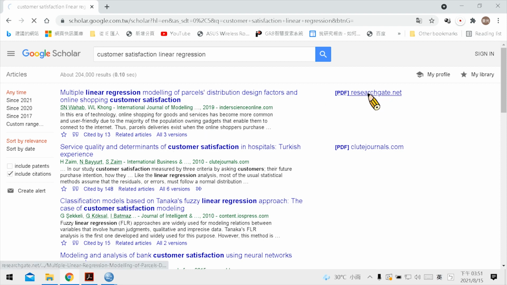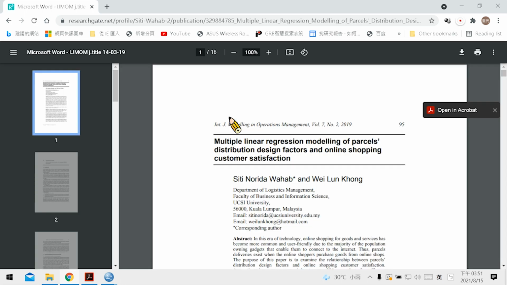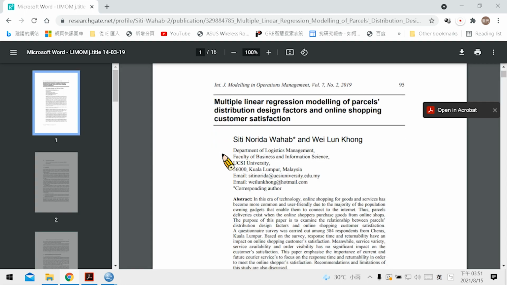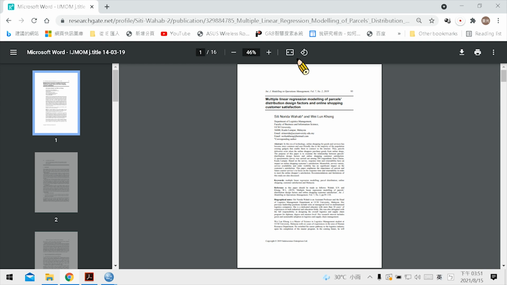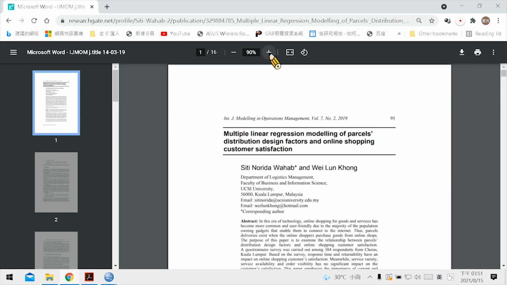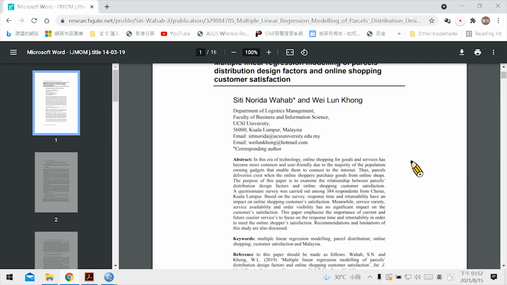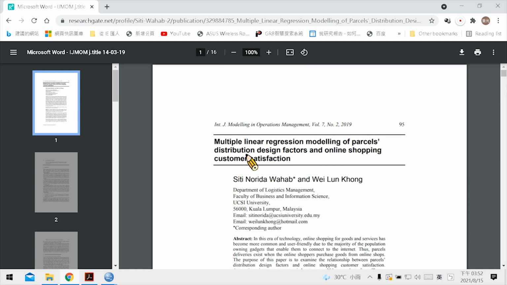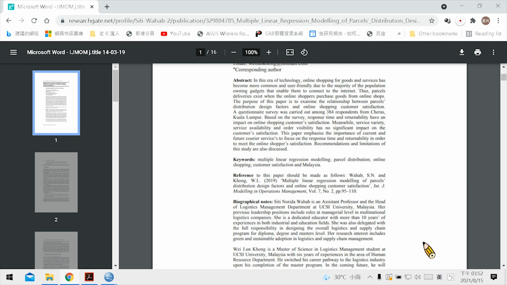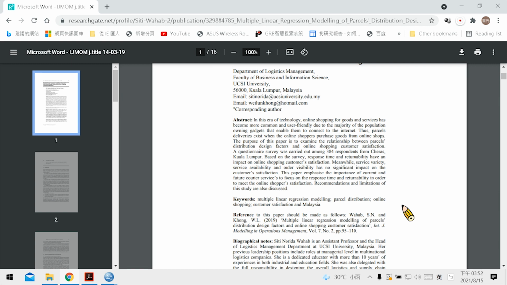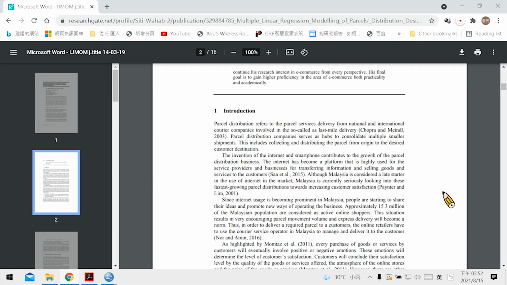We can open it, and maybe we can see the title is the multiple linear regression model. Okay, I enlarge. So this is the partial distribution design factor and the online shopping customer certification. And in this paper, they use the multiple linear regression.